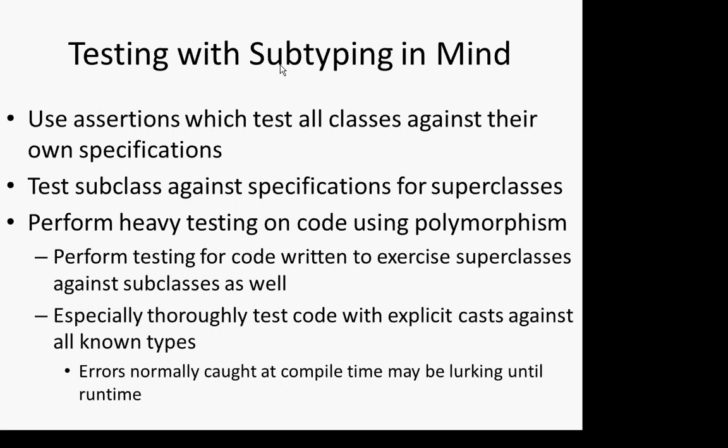If you have polymorphism in your program, you should perform very heavy testing on that to exercise superclasses and subclasses as well. So in other words, you should test code written against superclasses. Even if they don't mention your particular subtype, you've got to test it with your subtype to make sure it works properly.